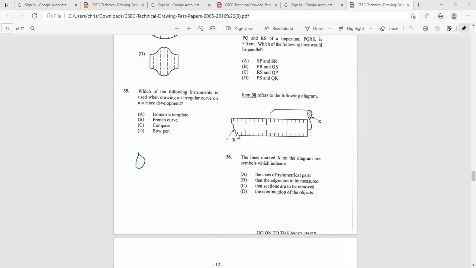This represents that the object has been broken or a section has been missing or there is continuation. This means continuation, meaning it extends some distance. So this is that.